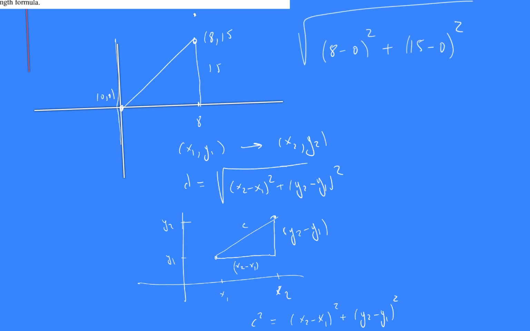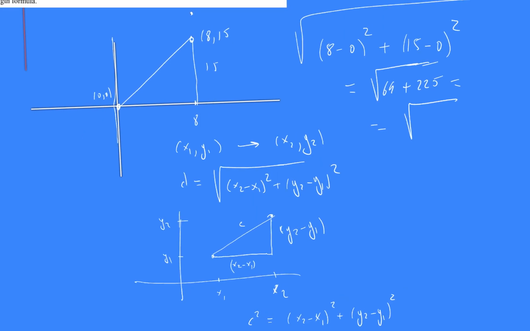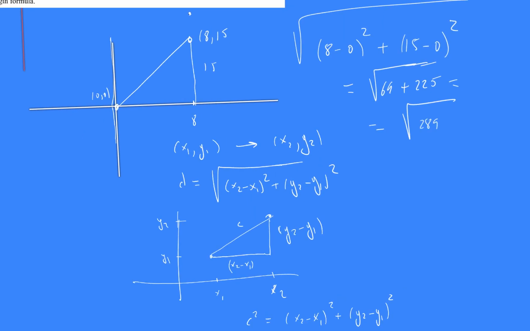If you do the calculations, it will be the square root of 8 squared, which is 64, plus 15 squared, which is 225, and 225 plus 64 is 289, and the square root of 289 is 17. So this is 17, this is 8, and this is 15.